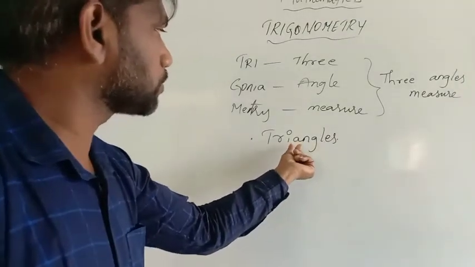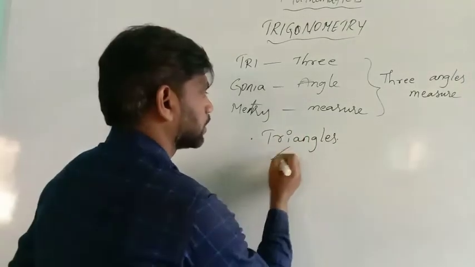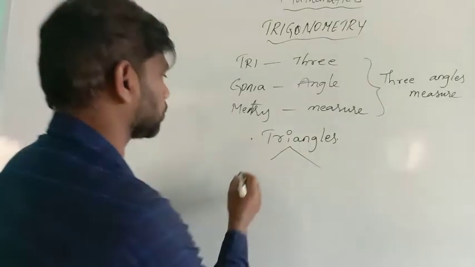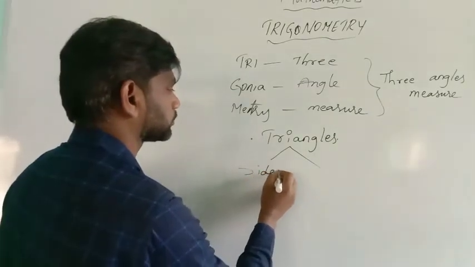If you observe these triangles, a triangle is a combination of sides and angles.